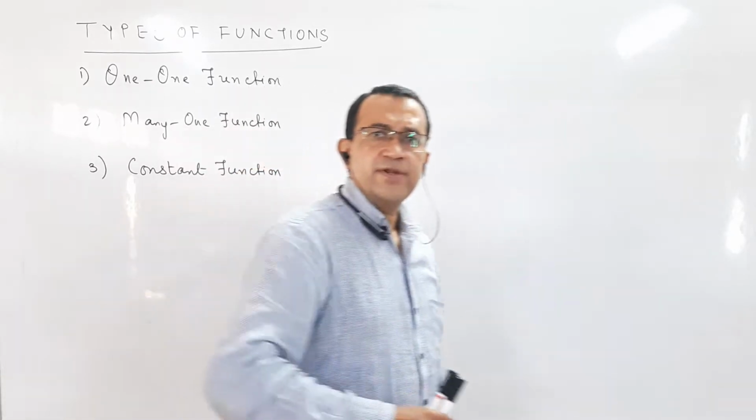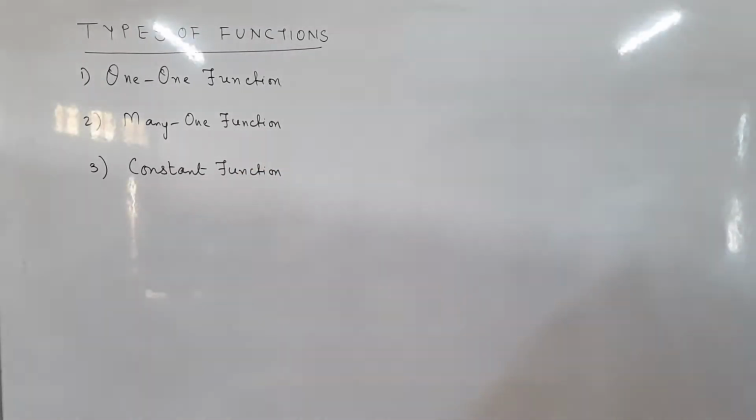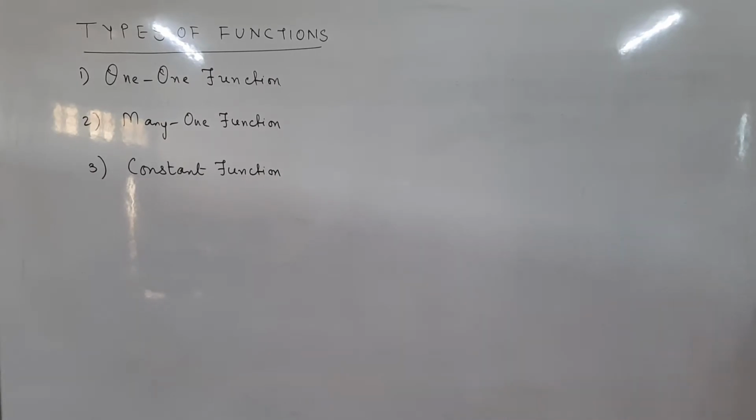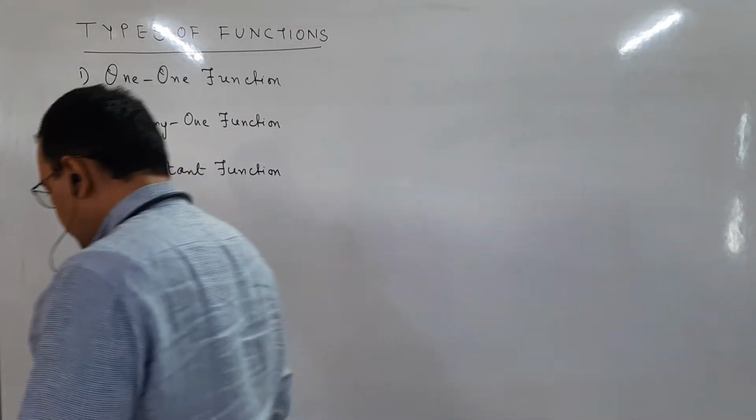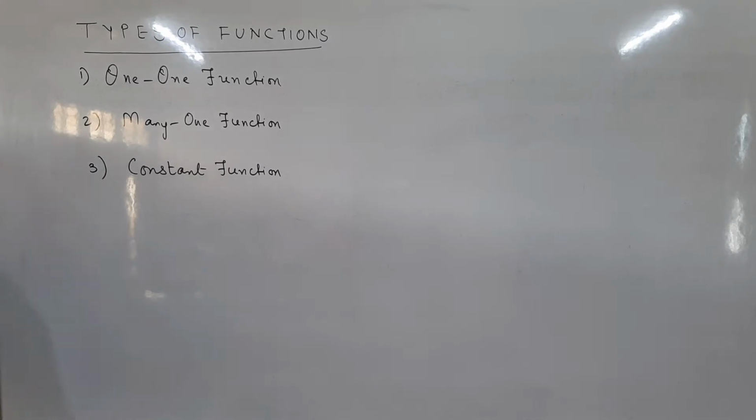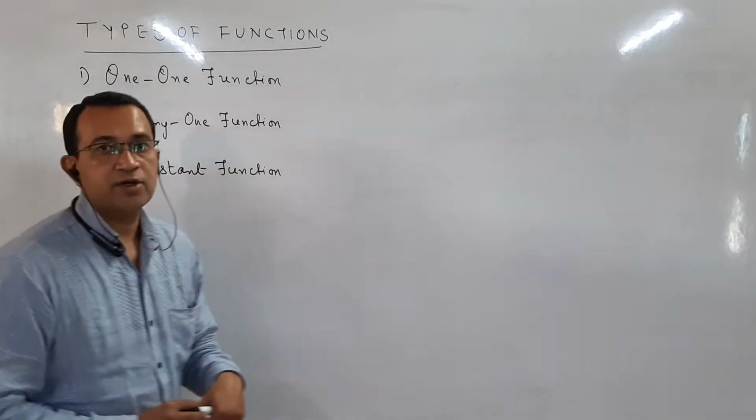If for each and every element of A we have only one element of set B, then such a relation, association or correspondence is defined as a function from A to B. Set A is domain and set B is codomain. This was the definition of function.